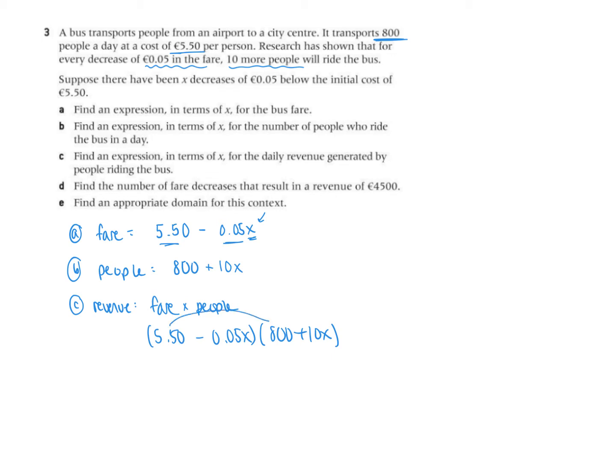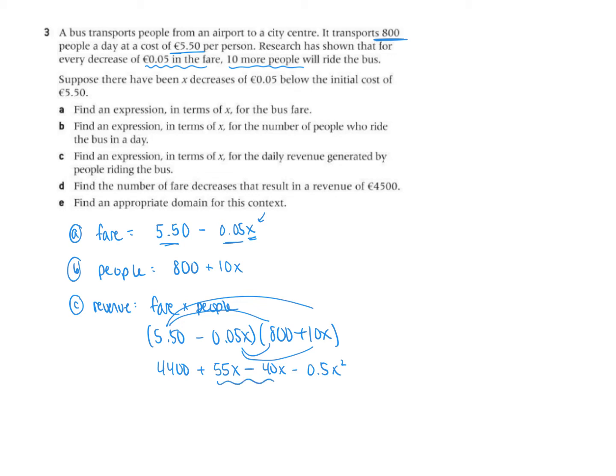So we'll multiply 550 times 800, which is 4,400. 550 times 10x is 55x. Then these two would be minus 40x, and these two would be minus 0.5x squared.